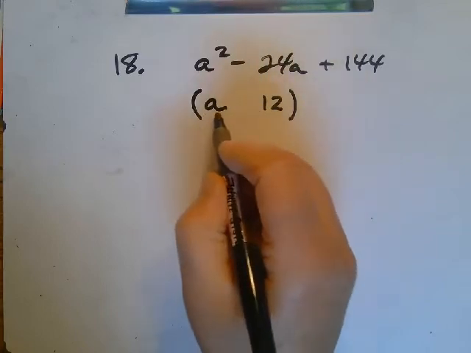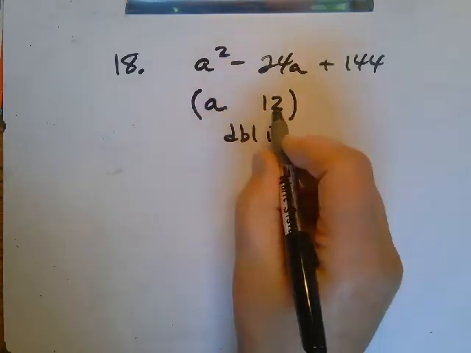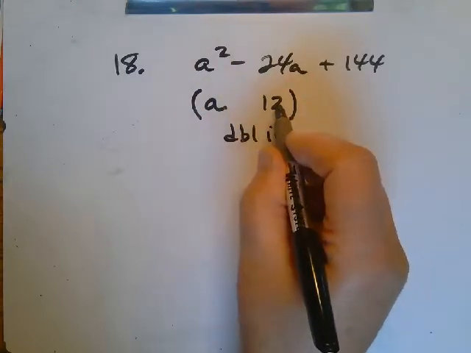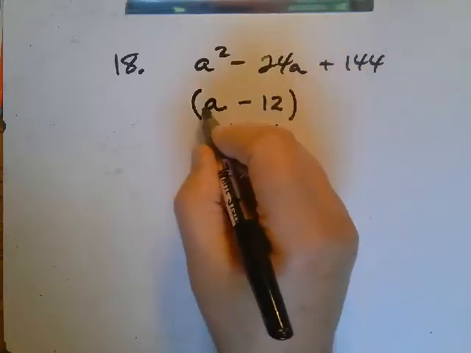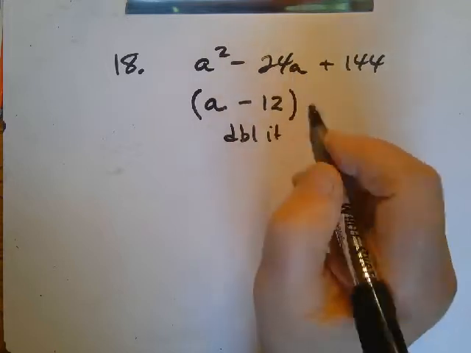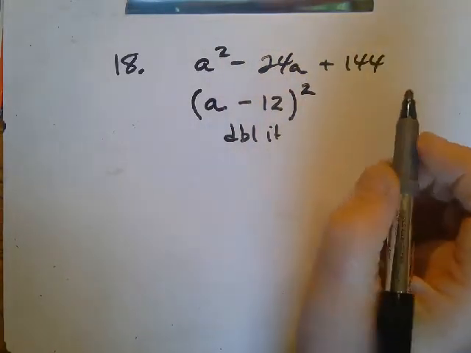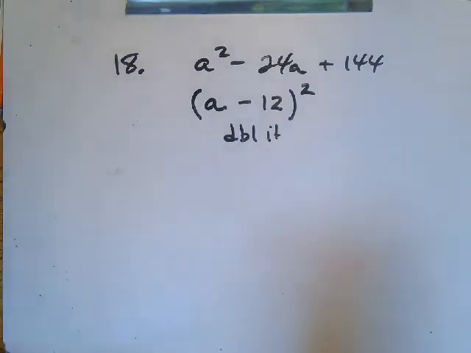And if I multiply these two together and double it, 12a doubled is 24a. Yeah, that's this number. If this were negative, negative 12a and another negative 12a is negative 24a. This is, in fact, a perfect trinomial square. So it's going to ask you to tell if it is a perfect trinomial square. And the best way to do that is to factor it while you're trying to figure that out.